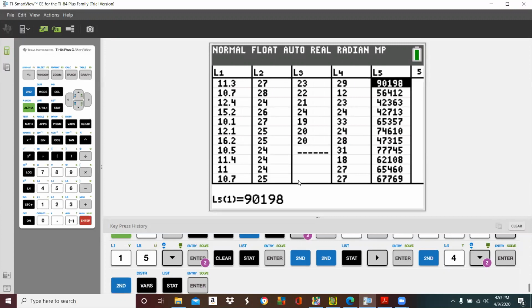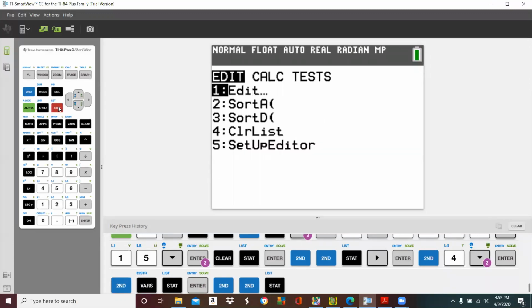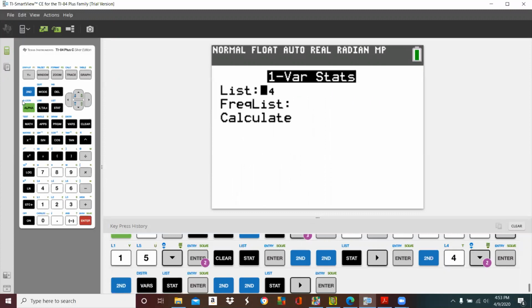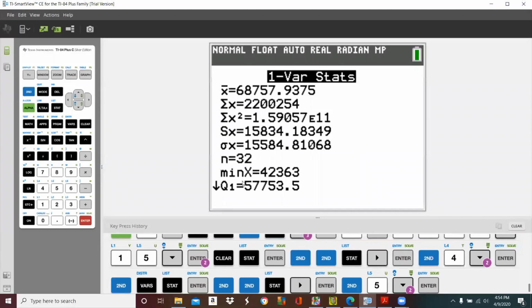If I hit second, Stat, scroll over to Calc, enter, go to one variable statistics, and here I put L5, because that's where the salaries are. I hit enter. And so our sample mean, the sample average of those 32 salaries, is $68,757.94.